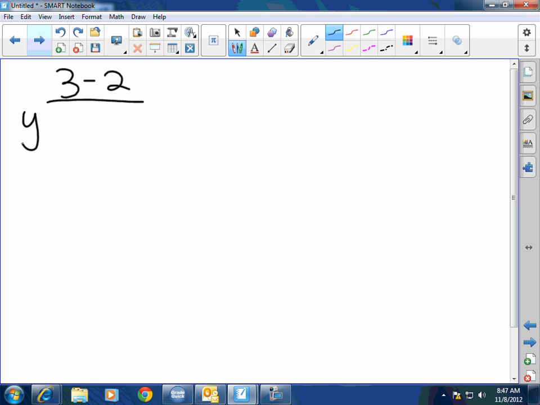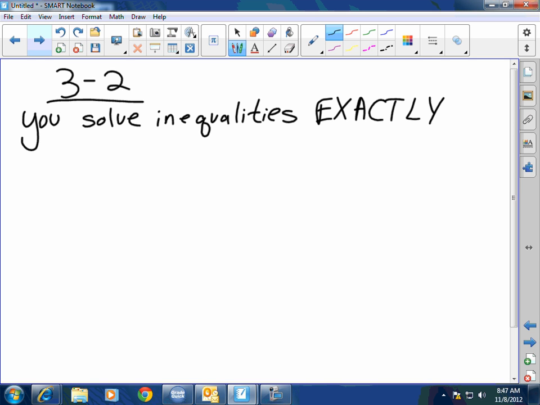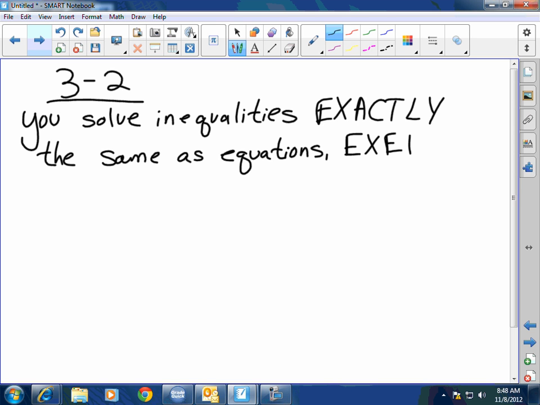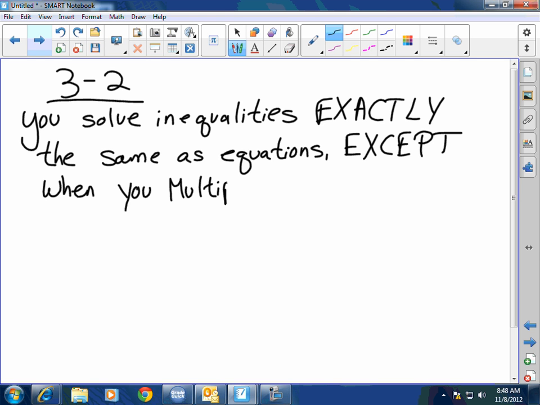You solve inequalities exactly the same as equations, except when you multiply or divide by a negative.